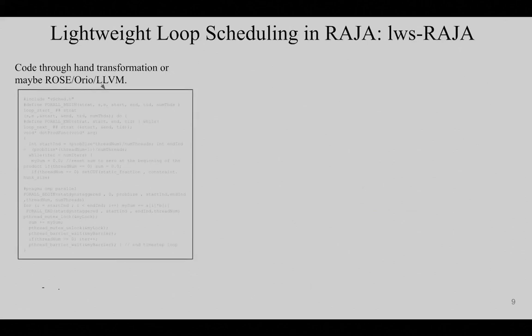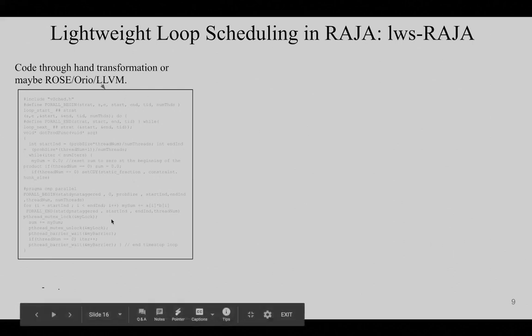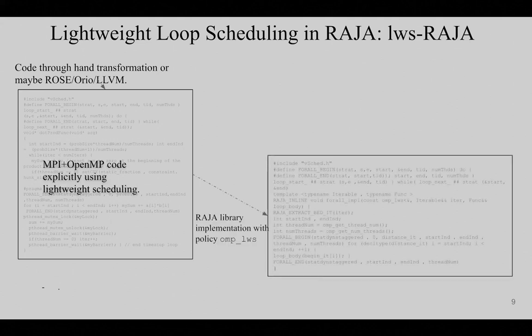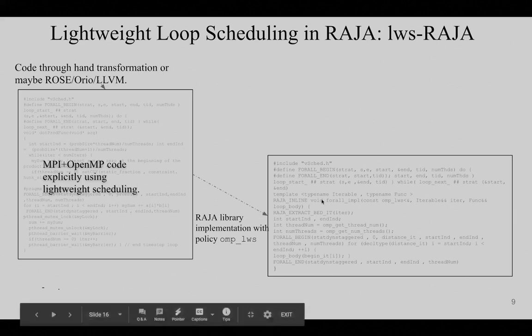Now, I would like to briefly talk about making our code for user-defined schedules and locality-sensitive scheduling more performance portable. This is the original code here, and we see that it uses lightweight scheduling explicitly. But then we have a Raja implementation with the policy with OpenMP lightweight scheduling, and that gives a more performance portable version through this Raja inlining.